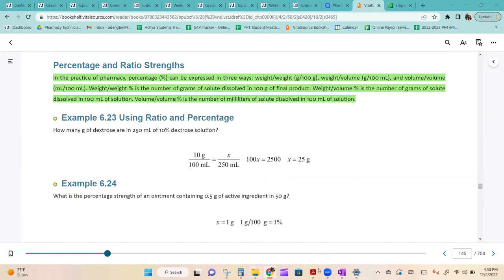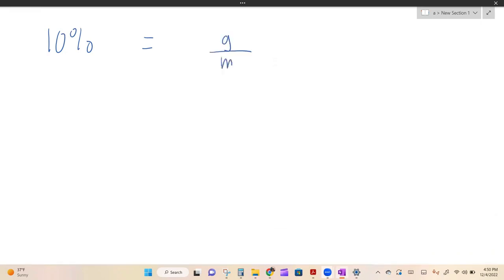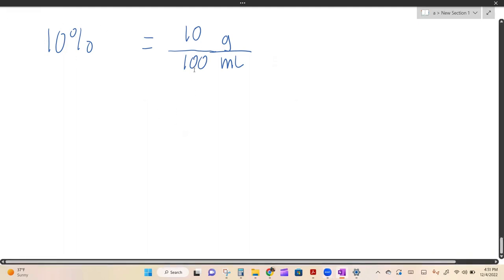Then I'm going to take my percentage. So we have 10%, and that is like the grams per milliliter. So 10% is 10 grams over 100 ml. If that's confusing, I took the 10% from here, and remember that's out of 100, but this is also using the rule of grams over 100 ml. So we have 10 grams over 100 ml, and that's going to go on one side of our proportion.